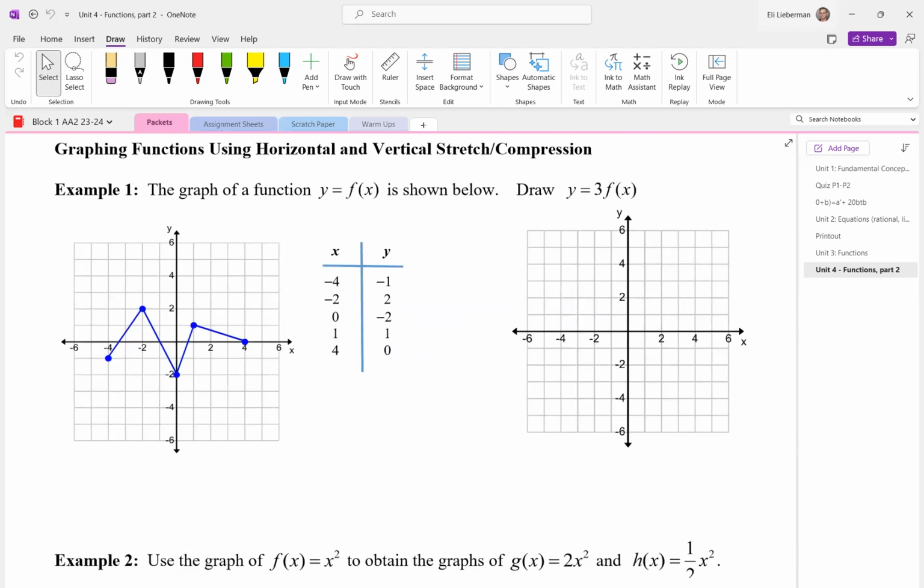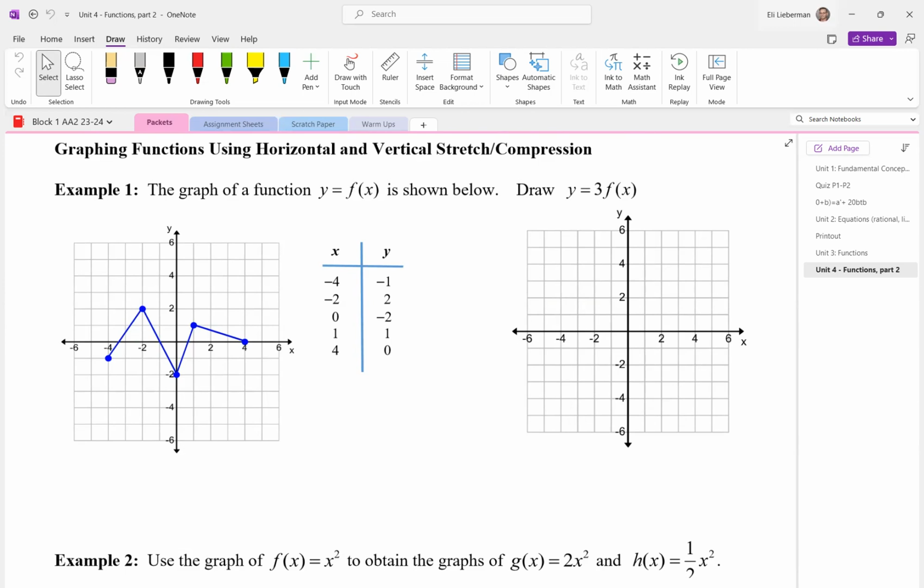Okay, so we're going to make a graph based on that. Notice it's 3 times f of x. Now normally f of x is a y value. So each one of these y values, if we're going to move up 3, it's going to be stretched by a factor of 3.